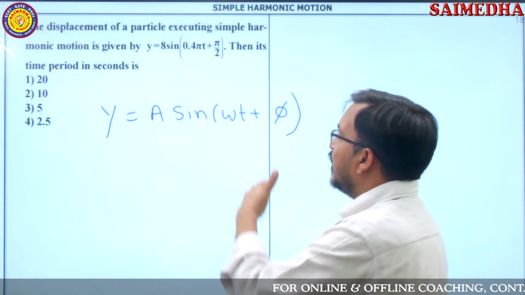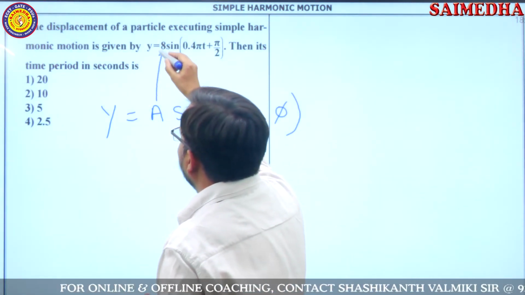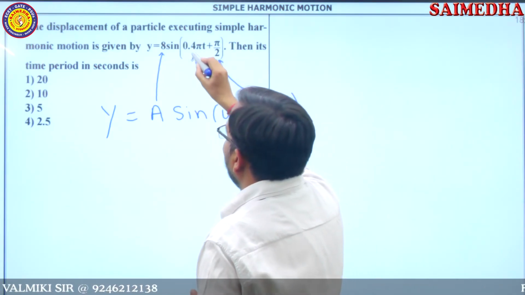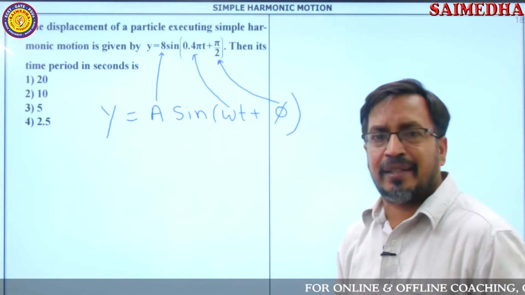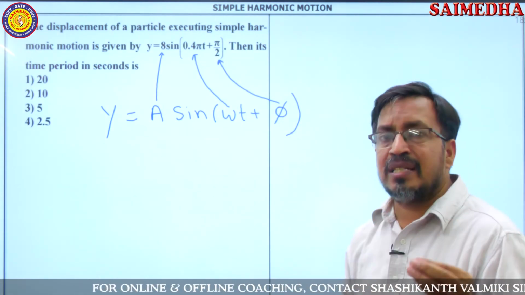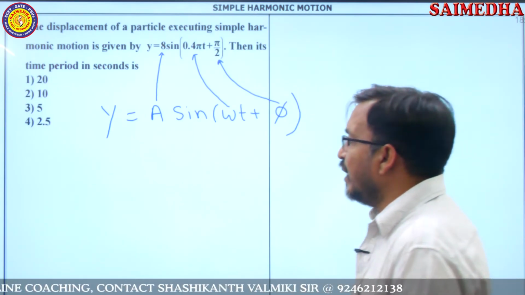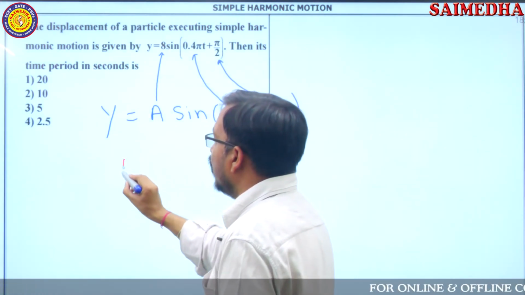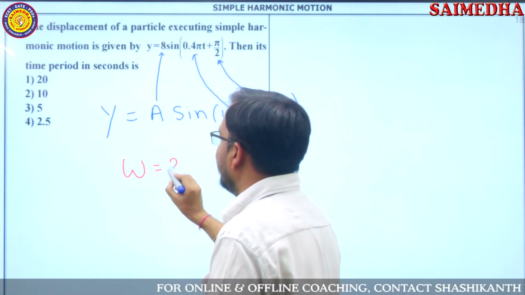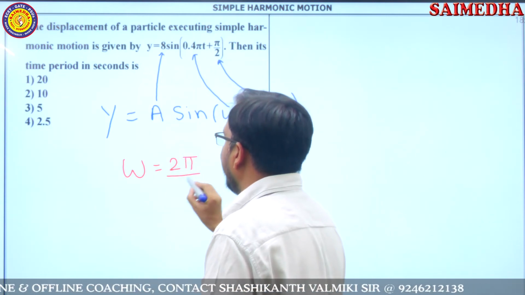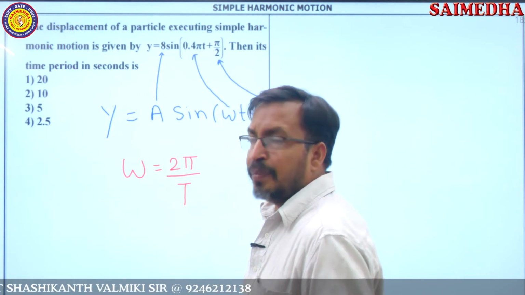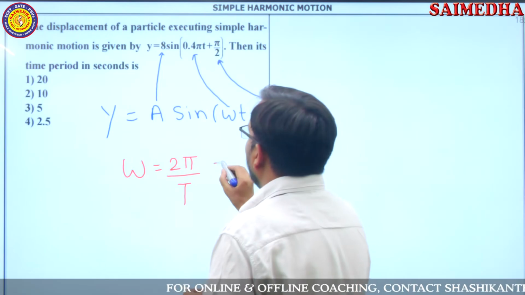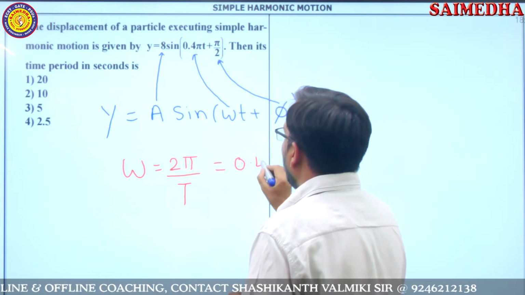If you compare this equation, the amplitude is given as 8, the phase is pi by 2, and the omega value is given as 0.4 pi. Now it asks for the time period. We know that omega in terms of time period is 2 pi by T. So 2 pi by T equals 0.4 pi.